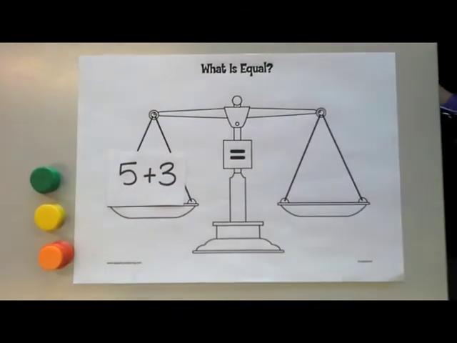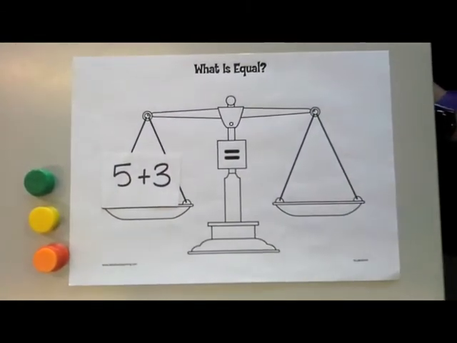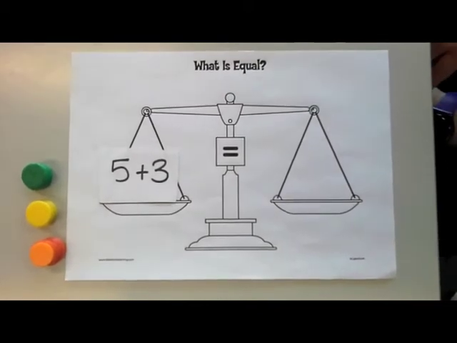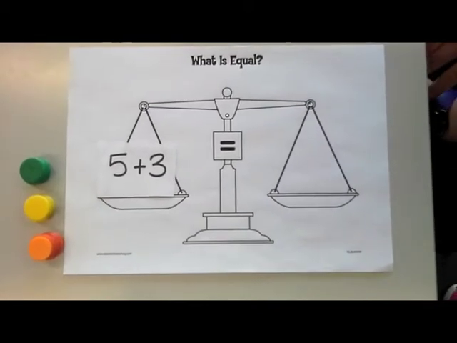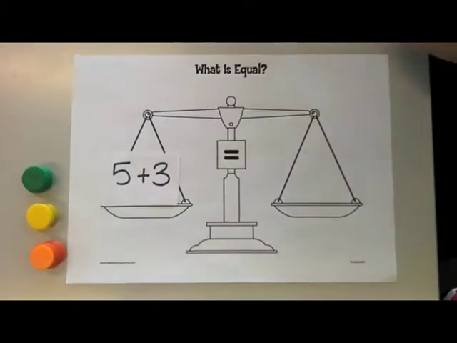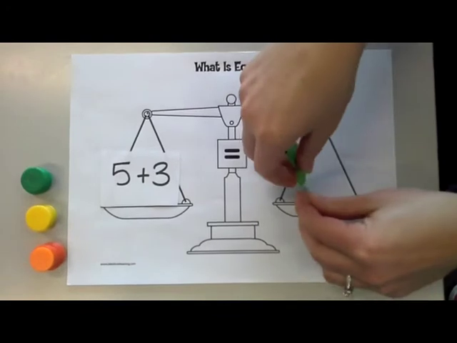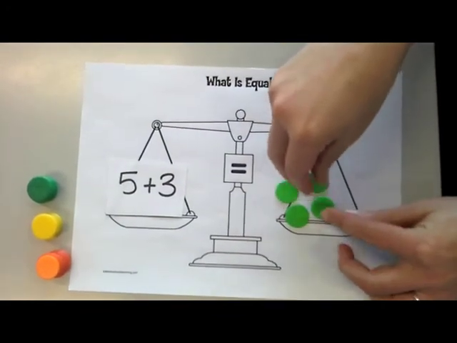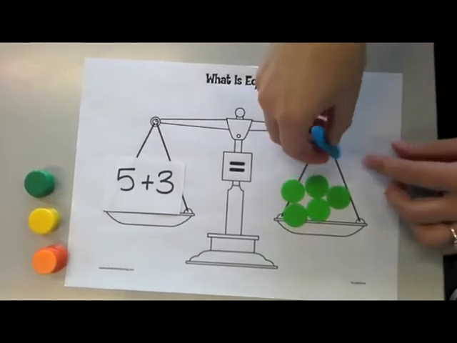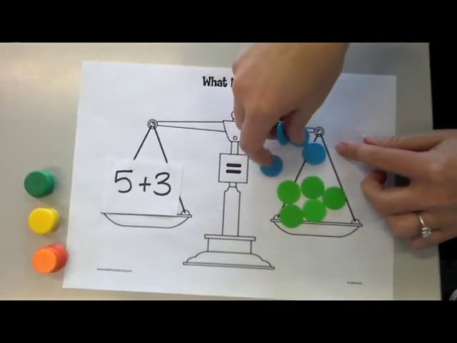Okay, Zara. Now here we've got a set of equations with one unknown. Now what do you think is the next step that we need to take? To make 5 plus 3 on this side? Yep, so what would you do? Five plus 3.